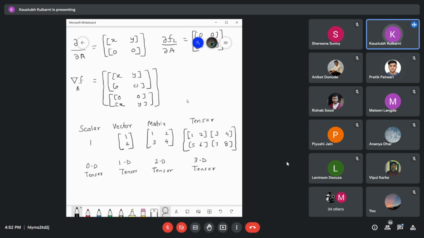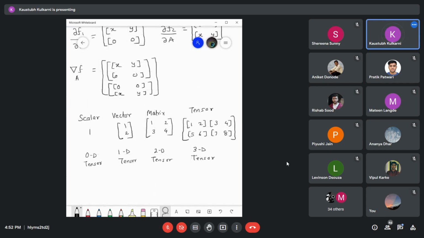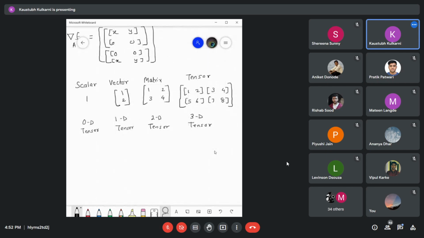Okay, then I'll proceed to differentiation of matrices with respect to matrices, which is quite more complicated. So, gradient of matrices with respect to matrices.